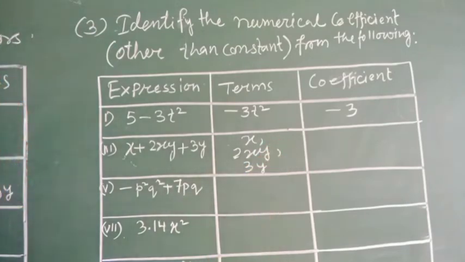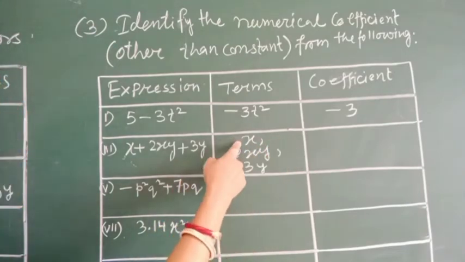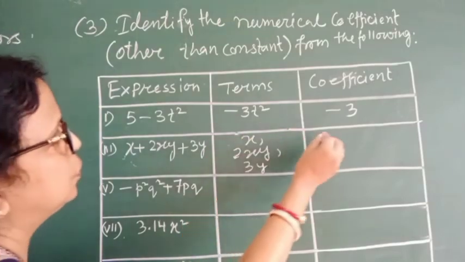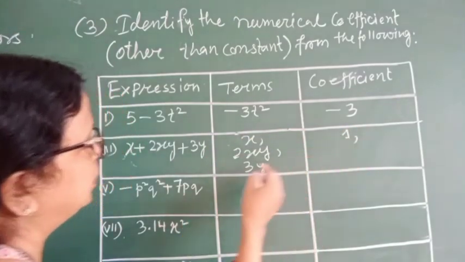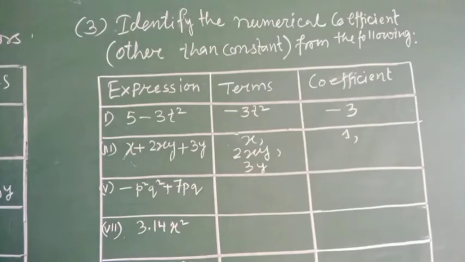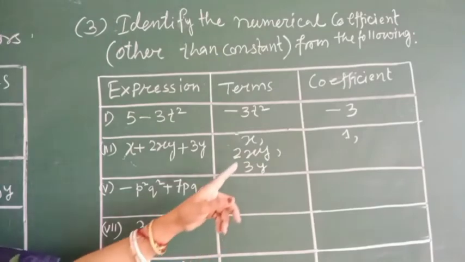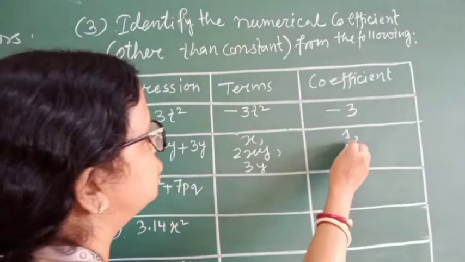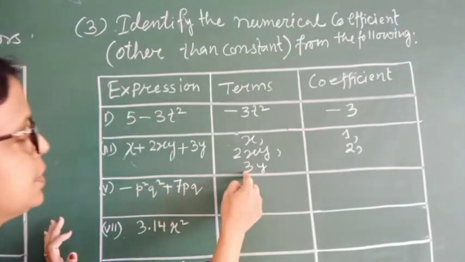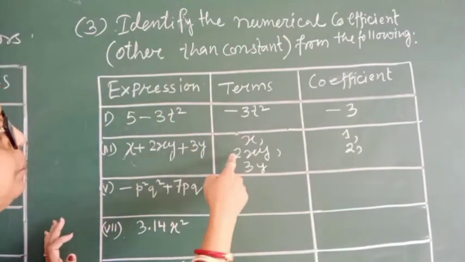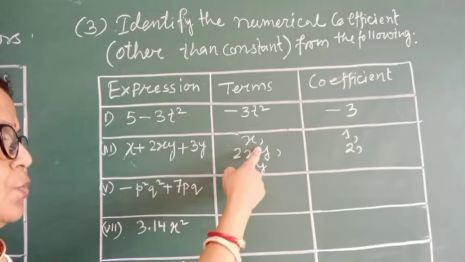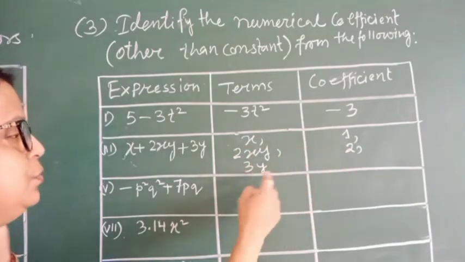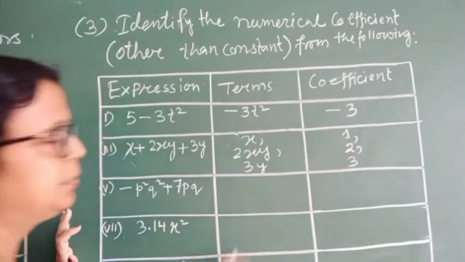Here the coefficient of x, what do you think? Yes, 1. In term 2xy the coefficient is 2, in term 3y the coefficient is 3.